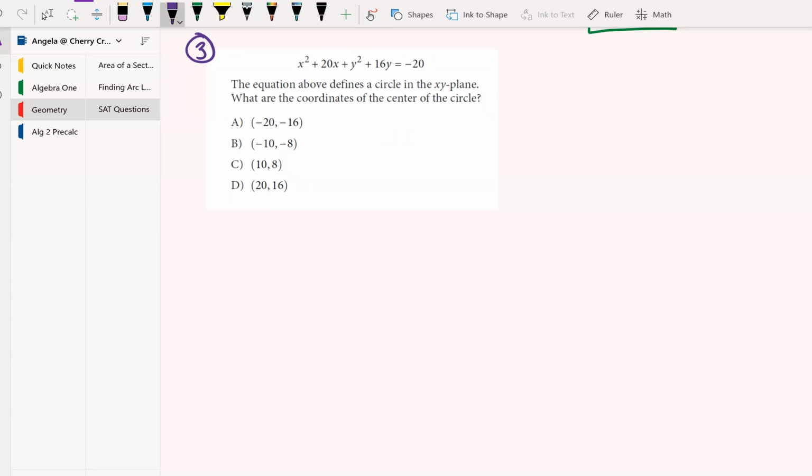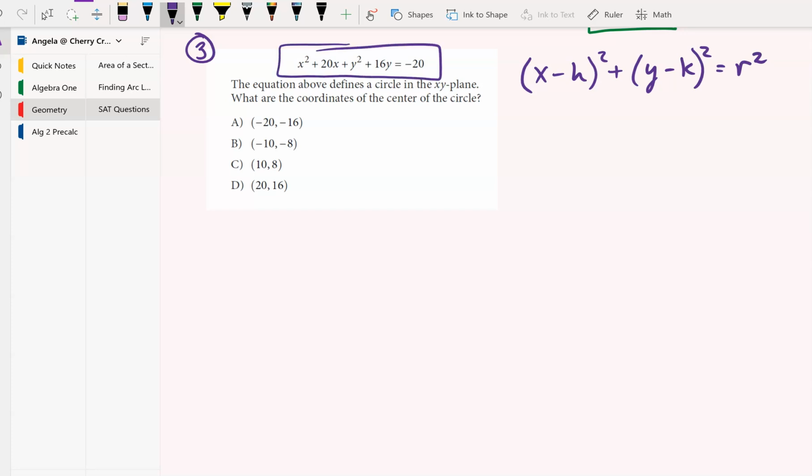If you remember, the equation of our circle is (x minus h) squared plus (y minus k) squared is equal to our radius squared. So we're going to make this equation look like that. And we're going to do that by completing the square.